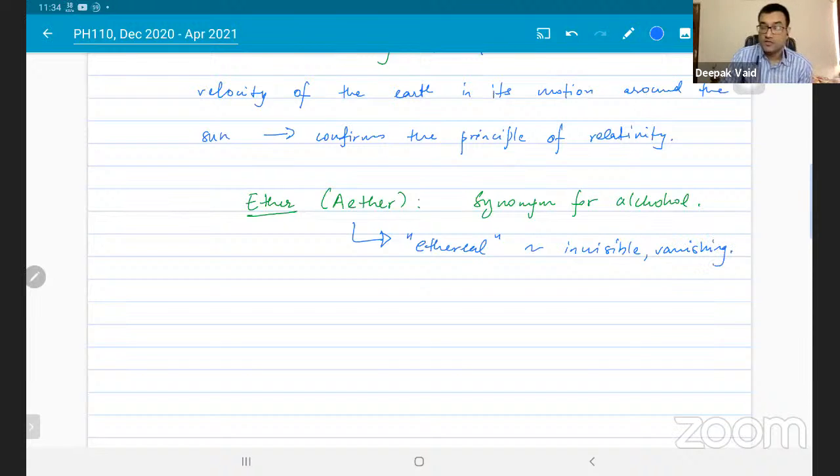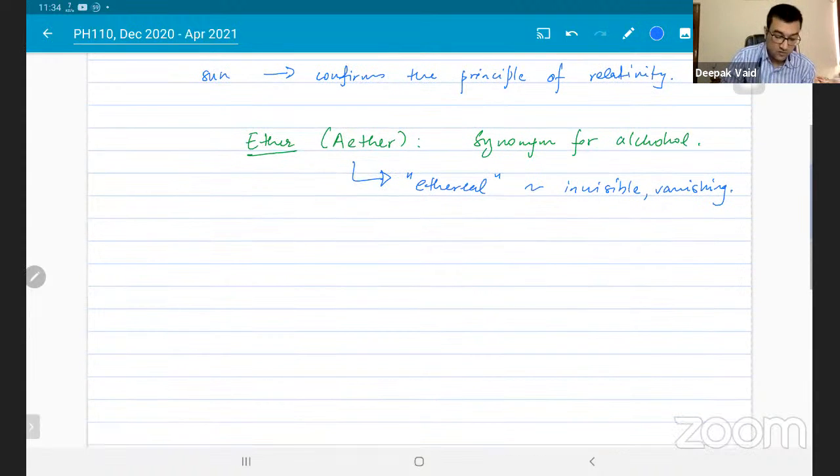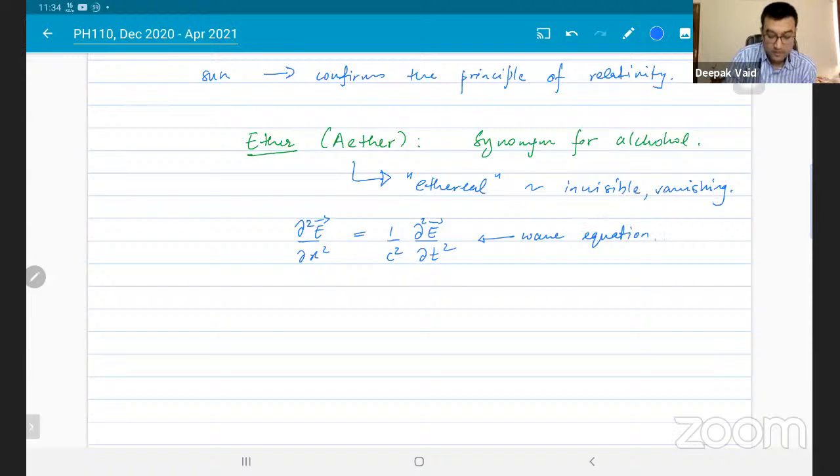Okay. So now what does this have to do with physics? You remember that we said that light or electromagnetic fields obey this equation, which is called the wave equation, right?